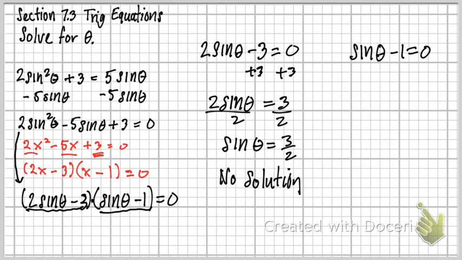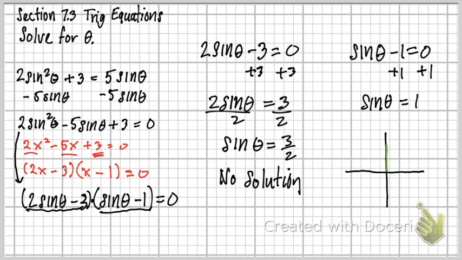Okay, let's work on the next piece now. So for this piece, sine of theta minus 1, I need to add 1. So this is going to be the sine of theta equals 1. And again, I just draw my unit circle idea here, and this is all students take calc. And I don't really need that here because I'm talking about the number 1. And I'm just looking, where is sine 1 at?